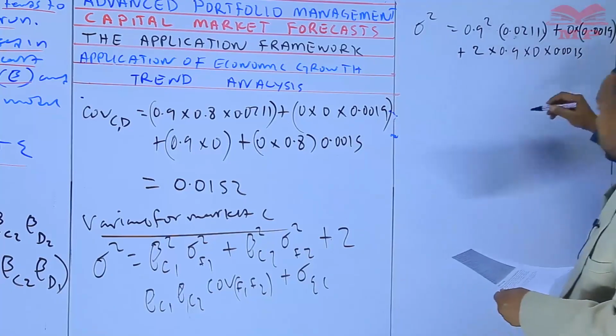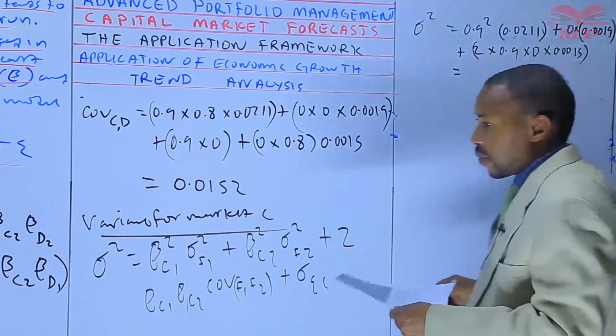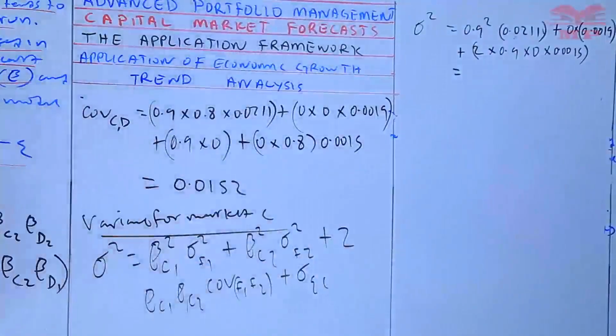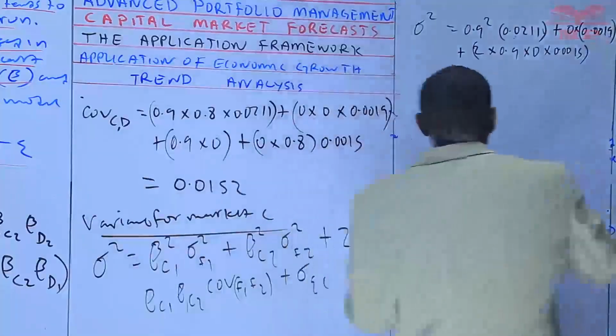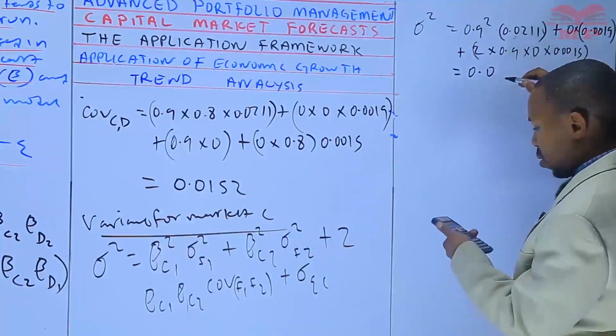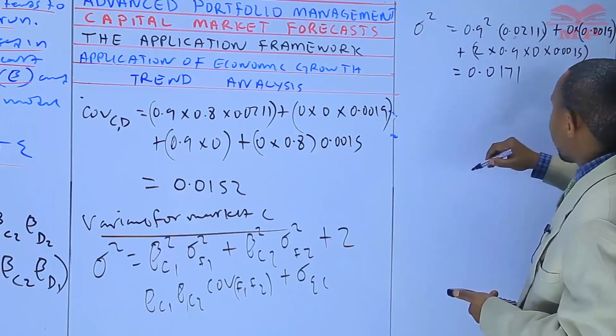So how much do we get for the variance for this market? Working it out quickly, I'm getting 0.0171. That is the variance.